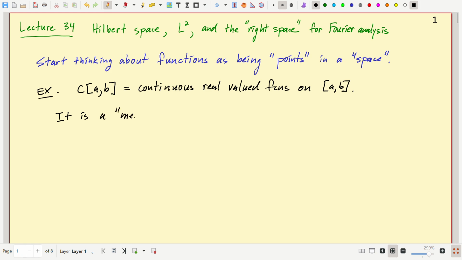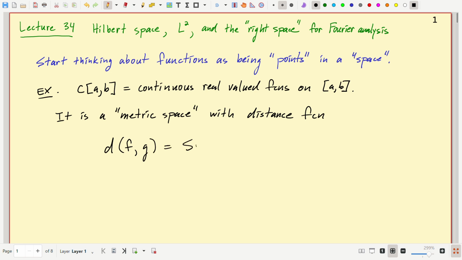That's a fancy word, just meaning there's a distance function. The distance between two points, functions in other words, the distance between f and g is just going to be the sup on [a,b] of the absolute value of f minus g.